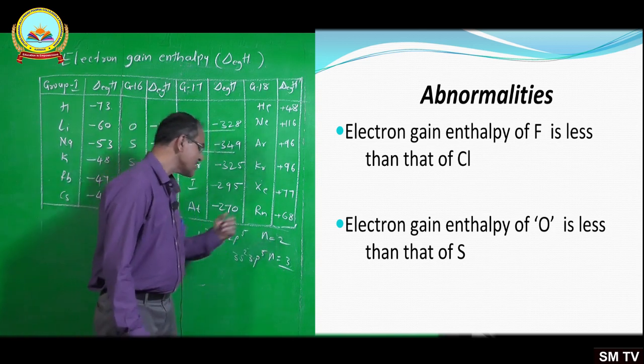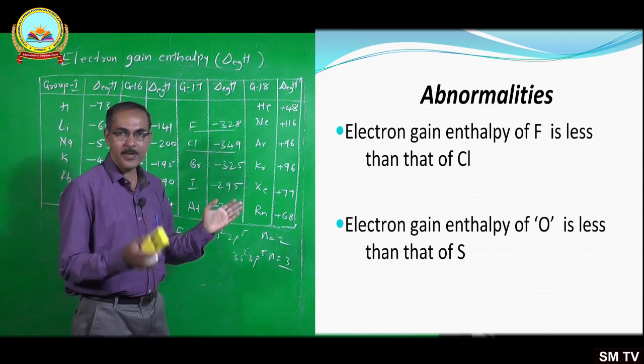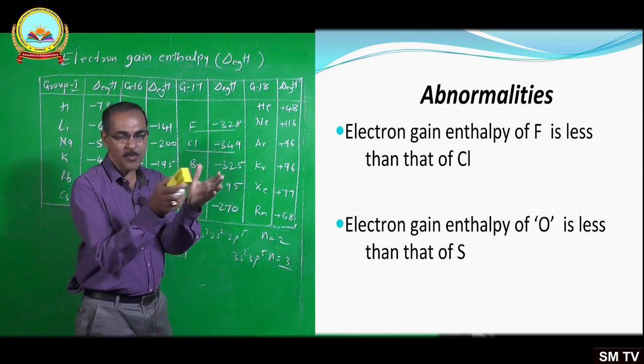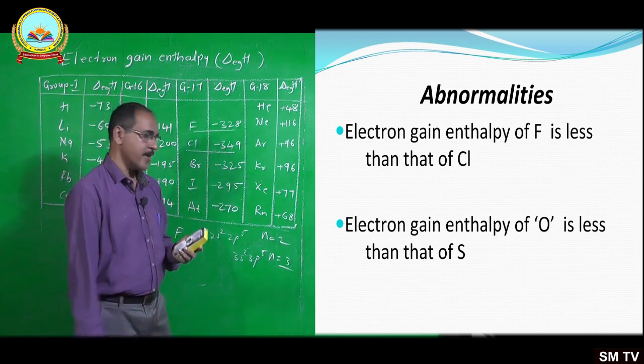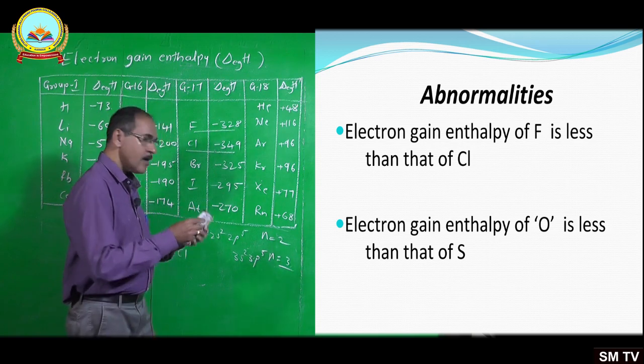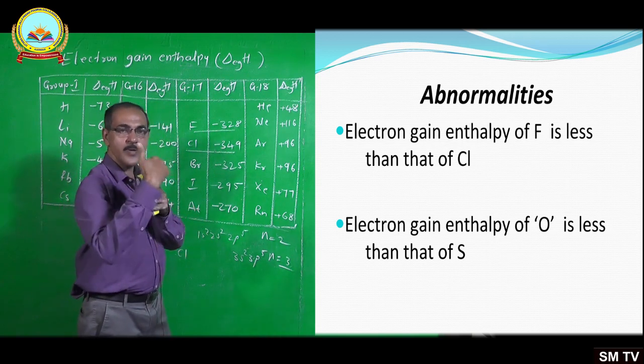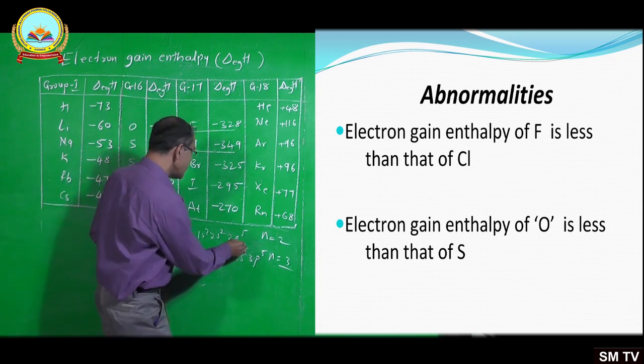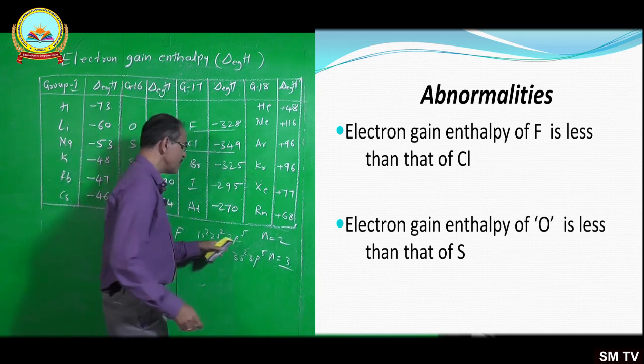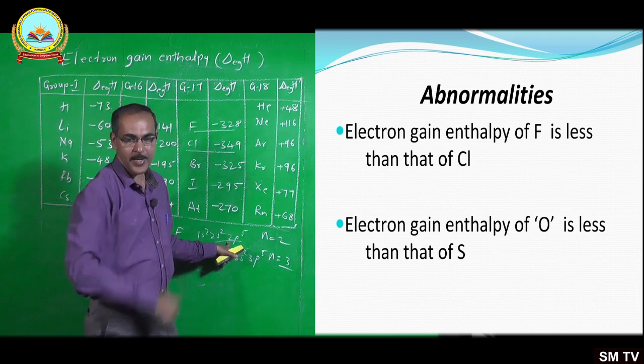Due to the smaller size of the fluorine atom, therefore, the repulsion between the electrons is greater. These electrons are already there in the valence shell, and they try to repel the incoming electron.